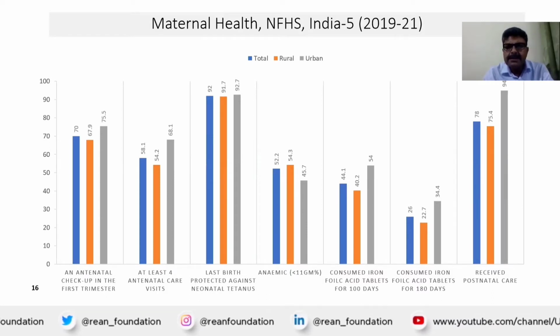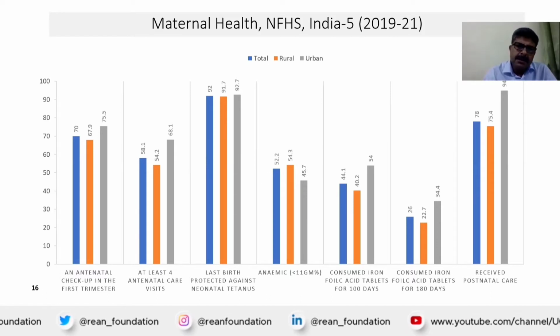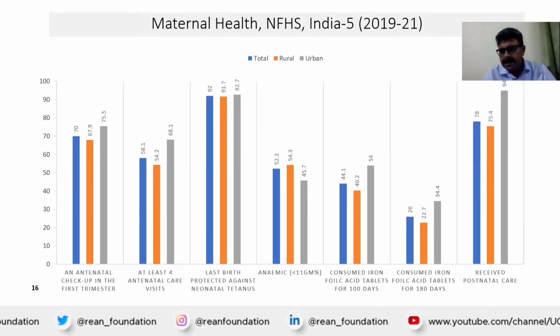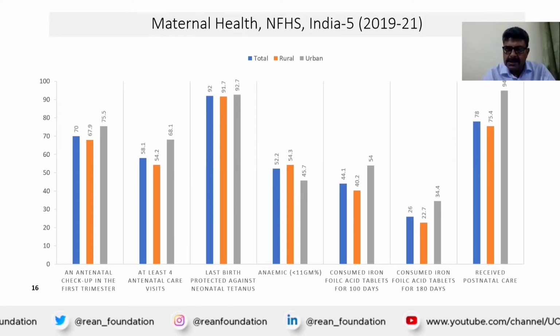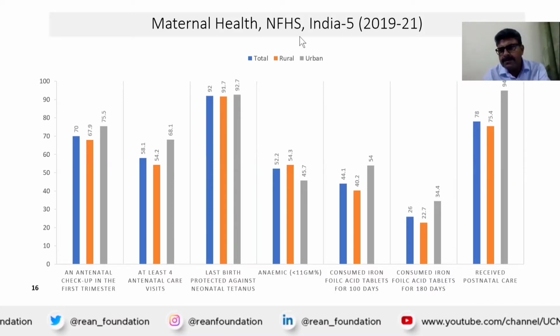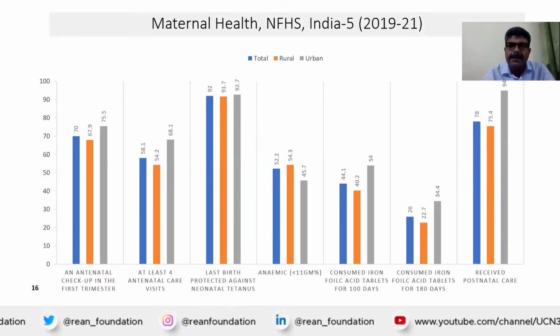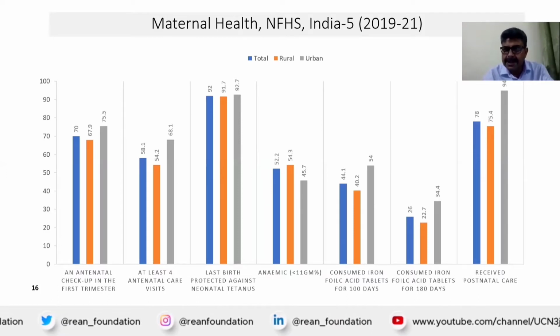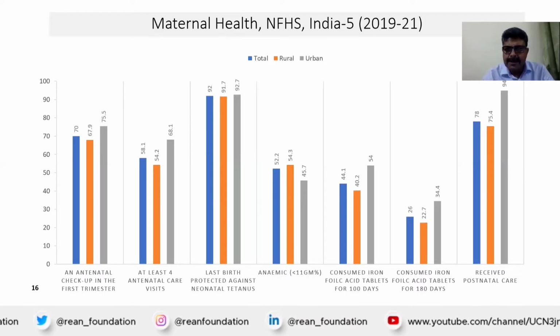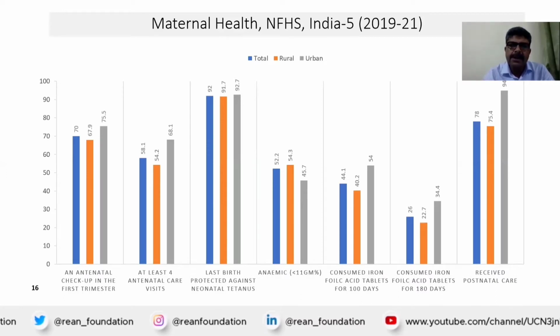And we'll see here how many pregnant females are protected against neonatal tetanus. This is almost equal between urban and rural, because the tetanus awareness is definitely there, and we are giving this tetanus immunization. Again, it is not 100%. It should be 100% in our country, so that every female is protected against neonatal tetanus.